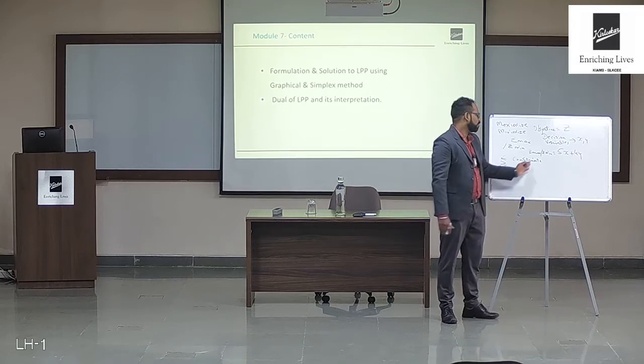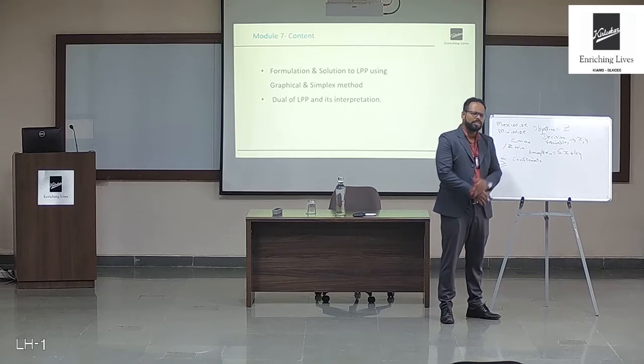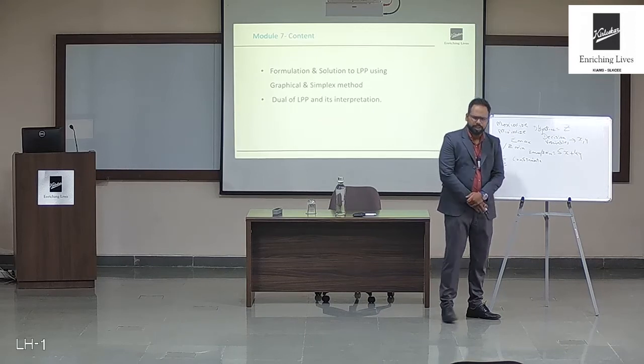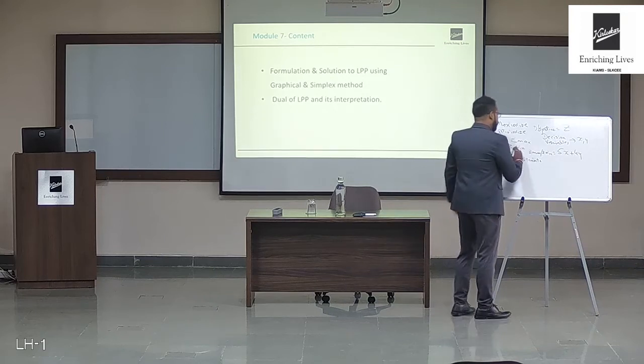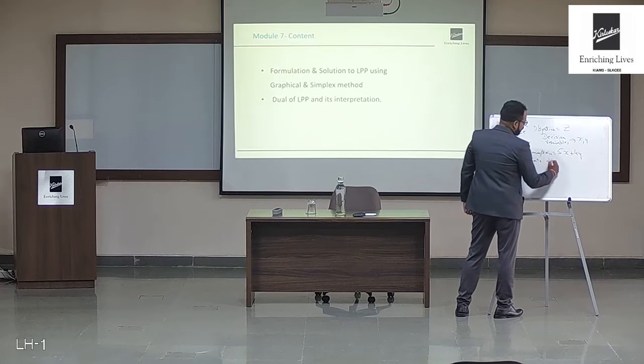In case of manufacturing, a constraint could be limited machine capacity, or limited demand in the market. According to that, you will have some equations. So this objective function will be subject to these constraints.